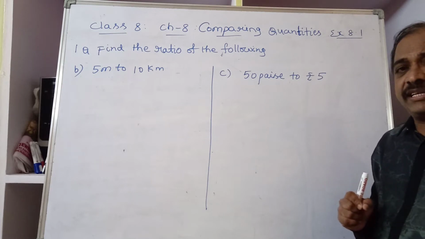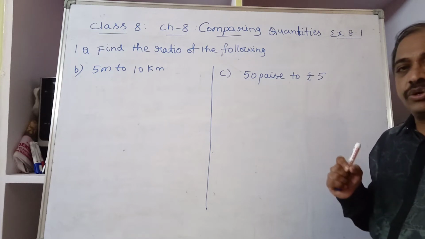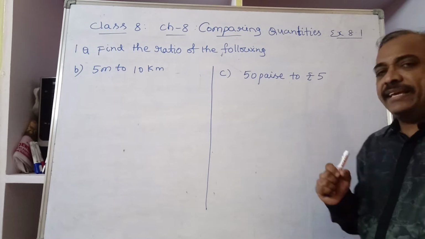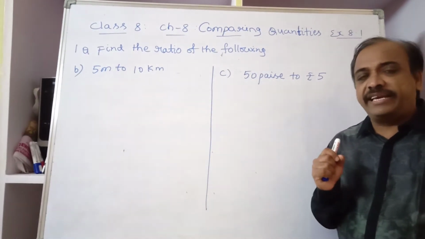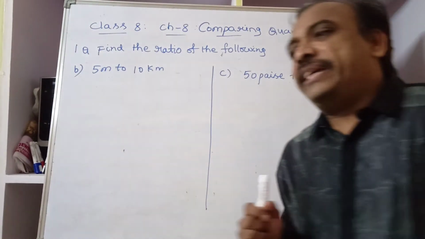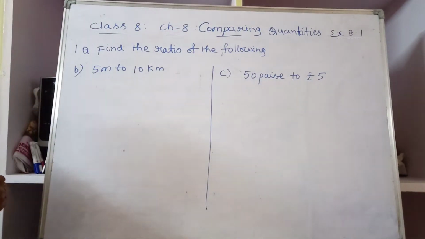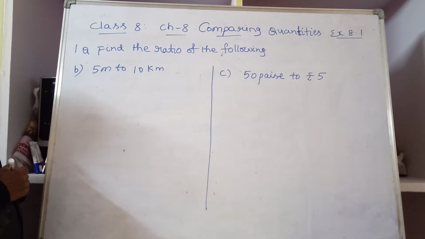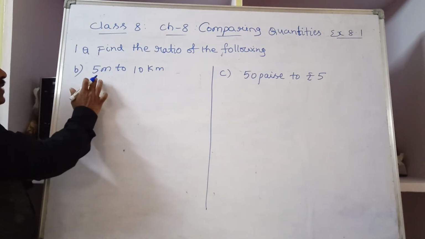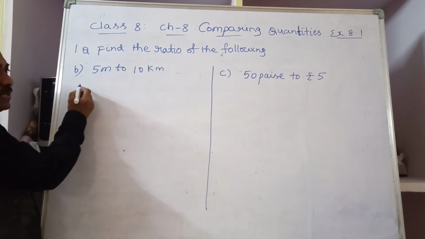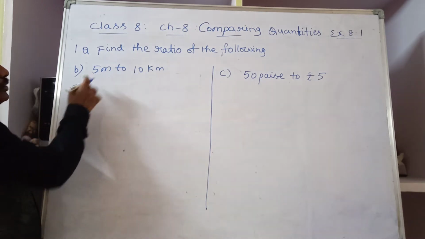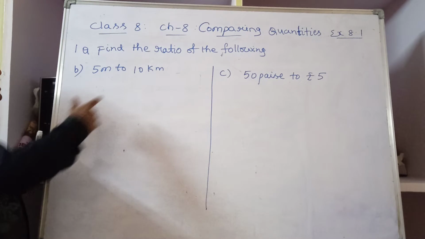And one more thing I said, that ratio does not contain any units. So here the first one is 5 meters to 10 kilometers. Observe it. Both the units, one is in meters and one is in kilometers.